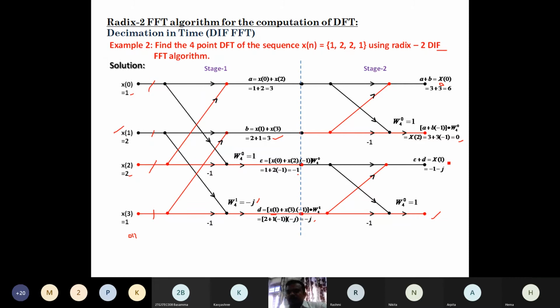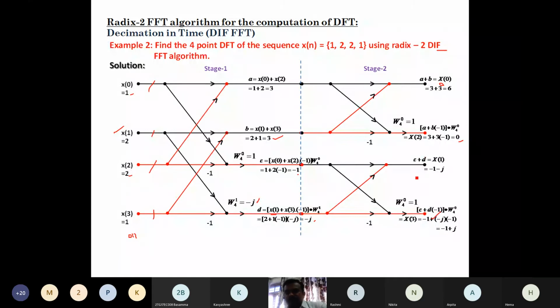So X1 we have calculated as minus 1 minus j, because C is minus 1 and D is minus j. So minus 1 minus j is the answer. Next, the bottom line of butterfly 2 in stage 2. It is the C and D input line values, where the D line is changing its value to minus D.